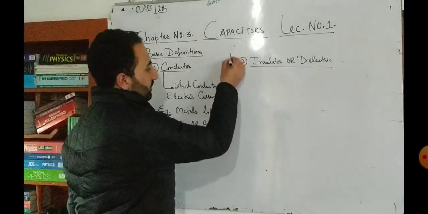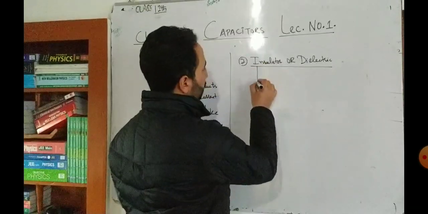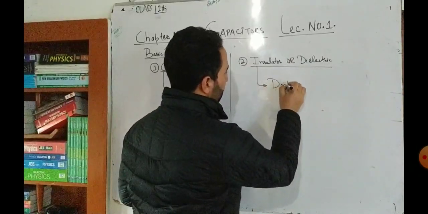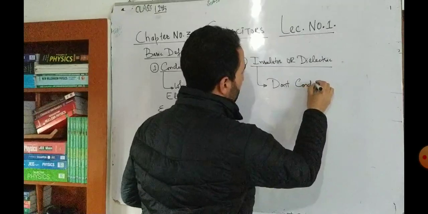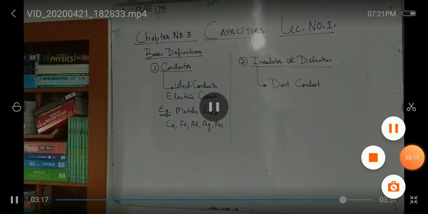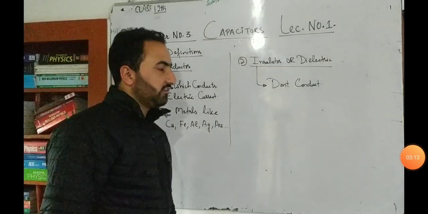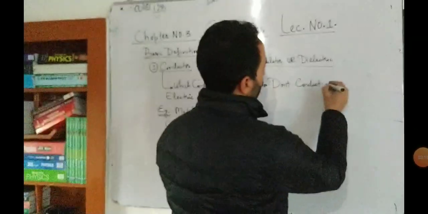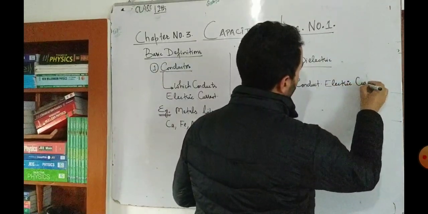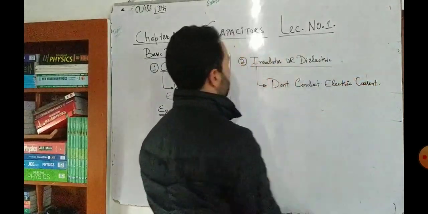Next is insulators. Insulators, or dielectrics, are defined as those substances that don't conduct electric current. Simplest definition.